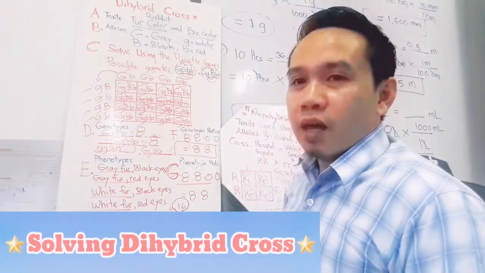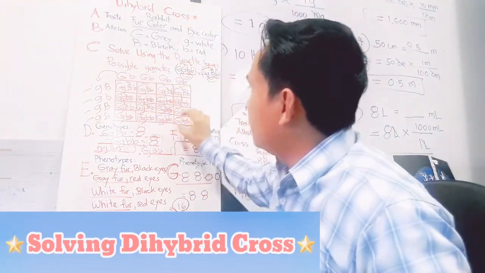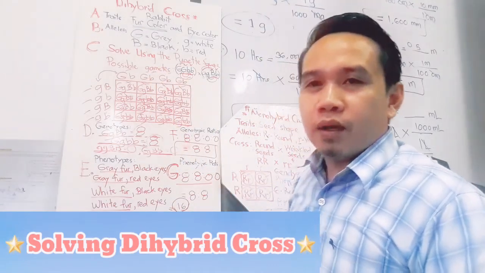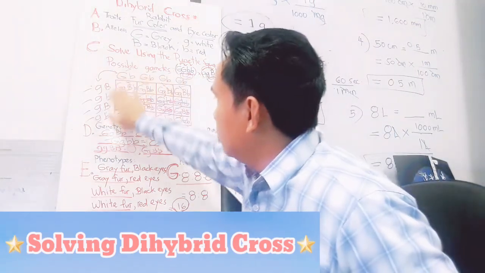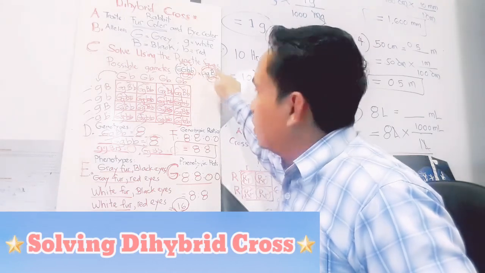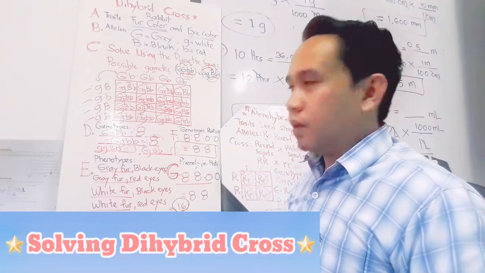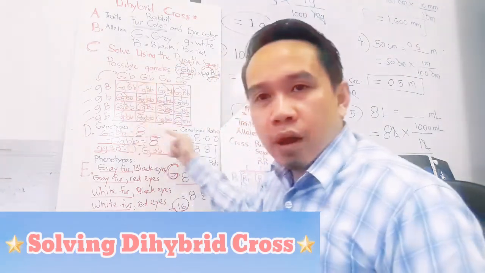This might take longer, so we have to read the given problem, then understand and analyze carefully, and then determine the possible gametes. Right after you analyze the given problem carefully, create a Punnett square.